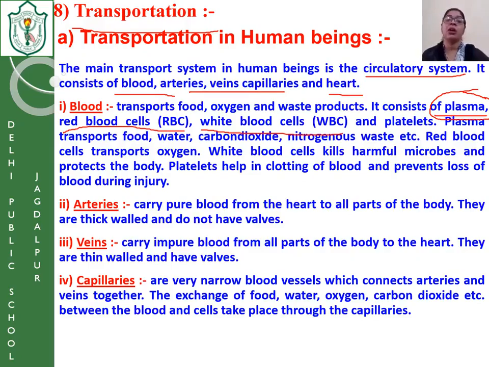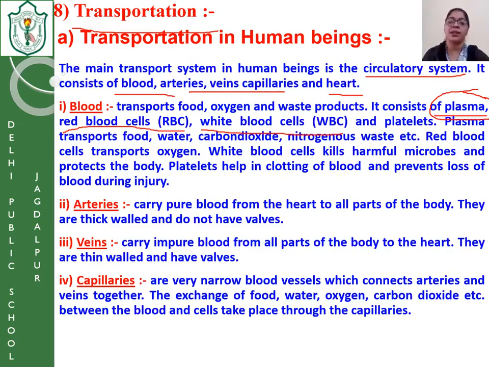Maybe some of you are confused between the terms antibody and antigen. Antigen means any foreign substance which is entering our body system. So whenever any foreign substance, or you can say any enemy which is not good for your body, enters our body system, the white blood cells produce some kind of soldiers, called lymphocytes.